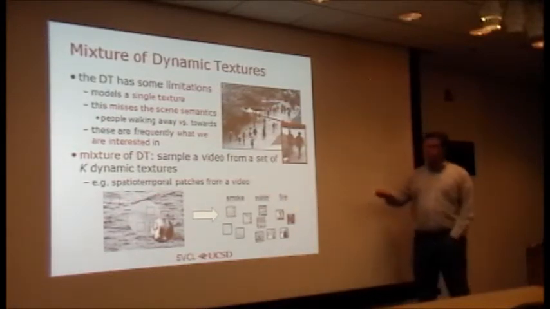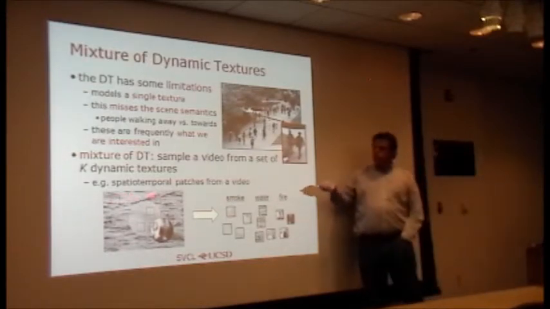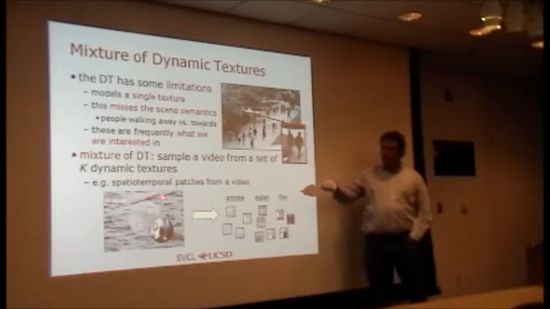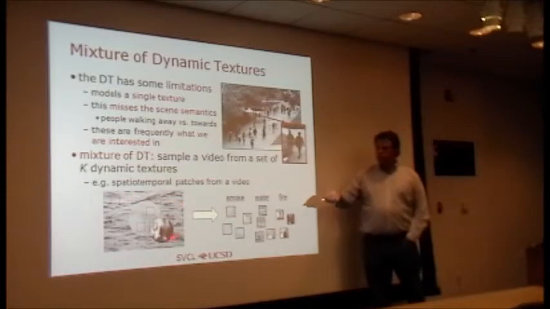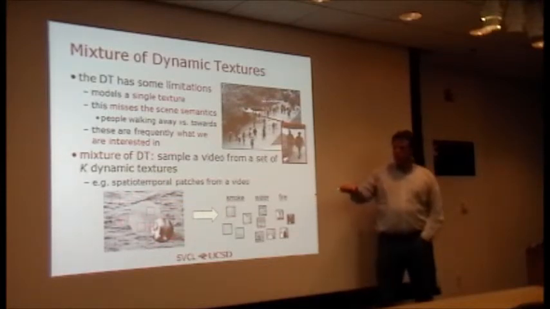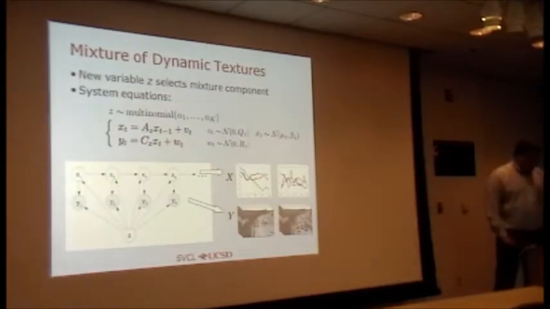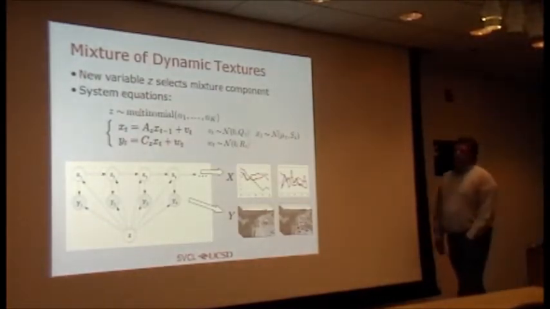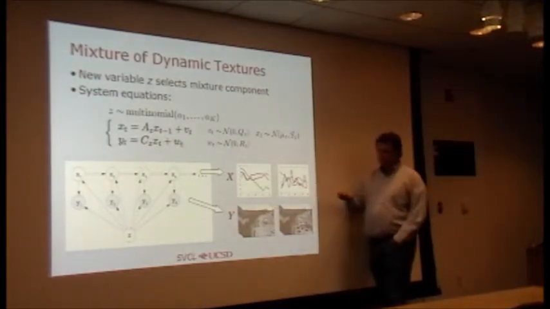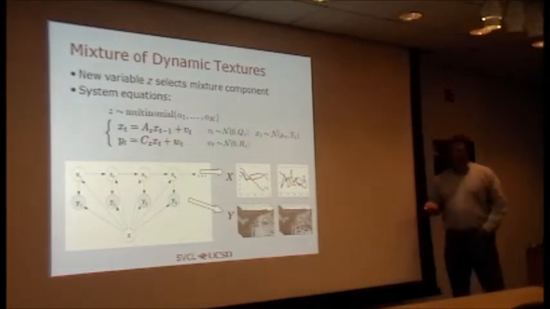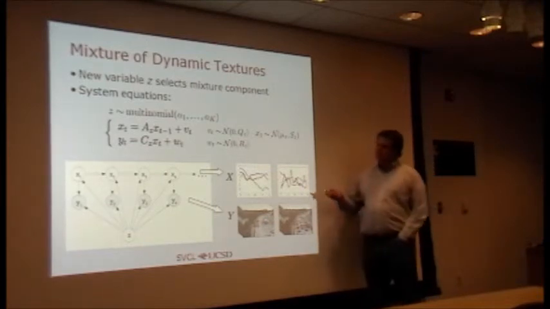So I'll have three dynamic textures, or three linear dynamic systems, and at each point in the visual field I will select one of them. That will be responsible for, say, the water pixels, or the smoke pixels, or the fire pixels. So that becomes a mixture of dynamic textures. Conceptually, it is a simple extension of the dynamic texture.